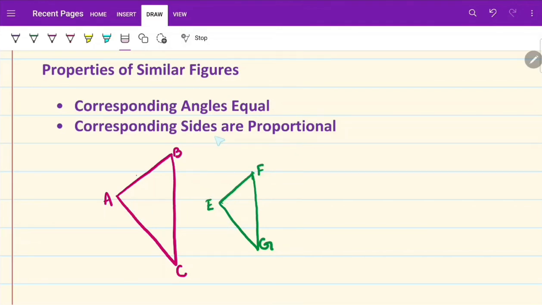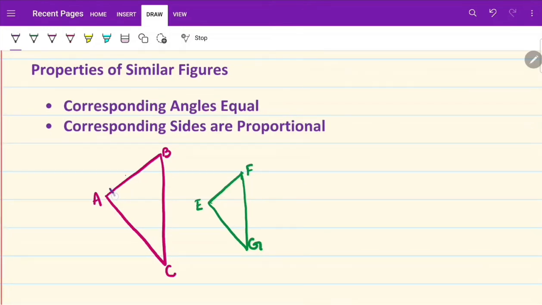So first, let's identify what the corresponding angles in these two triangles are. Angle A would correspond to angle E, and then angle B up here would correspond to angle F in the smaller triangle, and then angle C would correspond to angle G in the smaller triangle.